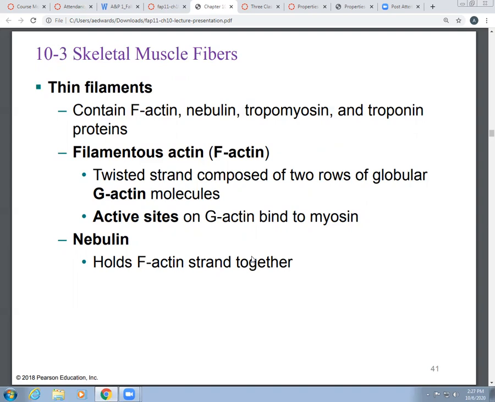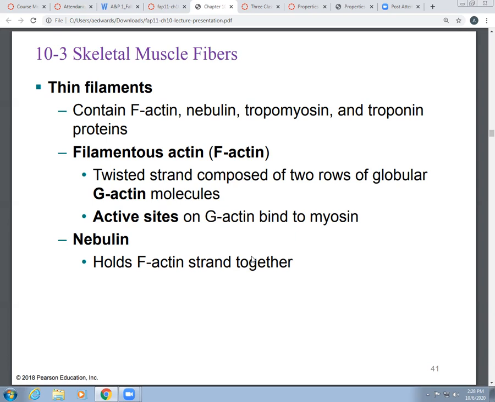So your F-actin is composed of 2 rows of G-actin or globular actin. And the active sites, remember active sites, these are enzymes. There are proteins, some proteins are enzymes, will bind to myosin, which is the thick filament.